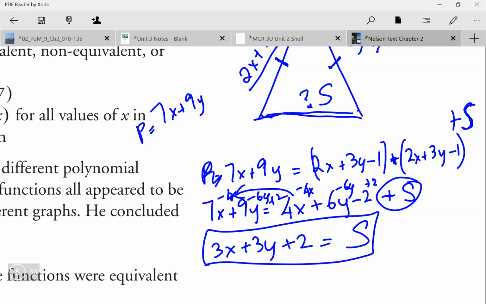Hopefully you're okay with how people sometimes think of moving terms to one side. If you move the 4x, it becomes a negative 4x. You have to be very careful there, and always think about whether you're breaking up a term or not. That's always the best way.